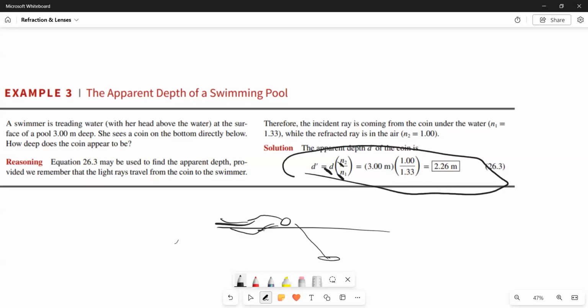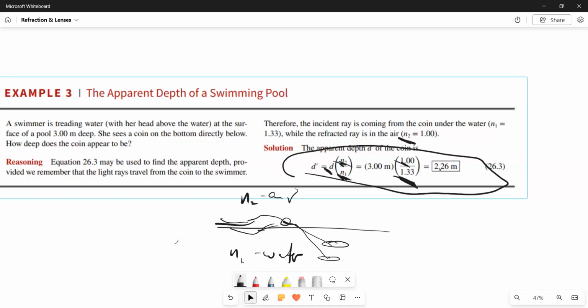It bends and goes like that, so it will appear down here. That is why they're using N2 as the air and N1 as the water. Keep that in mind. N1 is 1.33, N2 is air. Just be careful of that. And you see that the calculation turns out 2.26 meters.